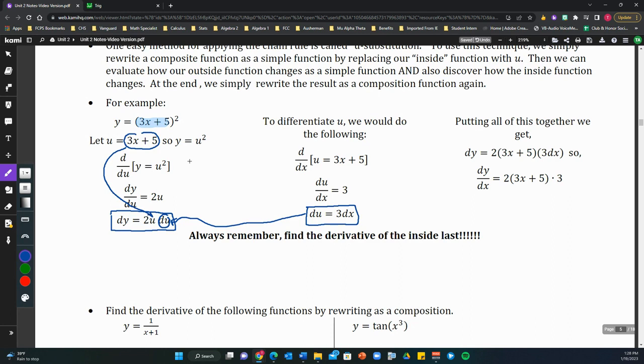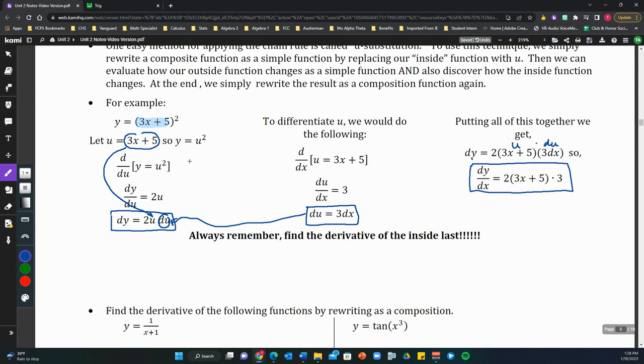So when I do that, I get 2 times what my u was equal to times what du is equal to. Once that's all in there, if you notice this dx quantity, I can now move that guy back over to end up with the notation that I would want, which is dy dx.